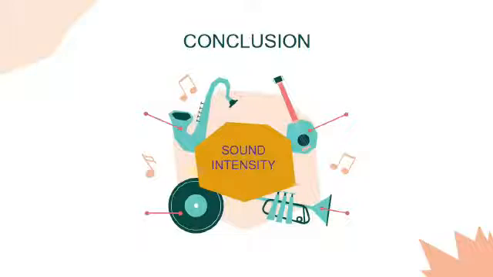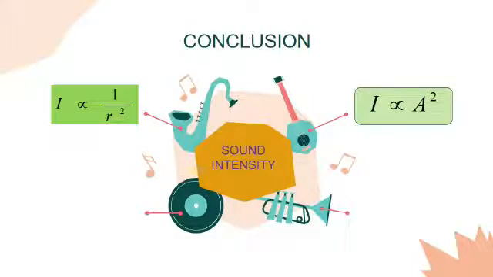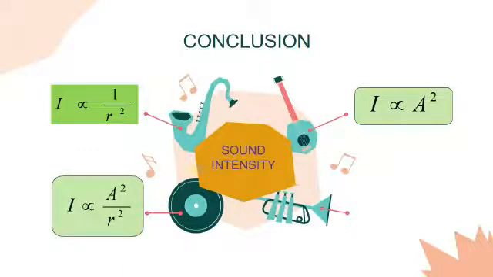Okay, to conclude our lesson today, we can say that sound intensity is inversely proportional to r square. Sound intensity is directly proportional to amplitude square.